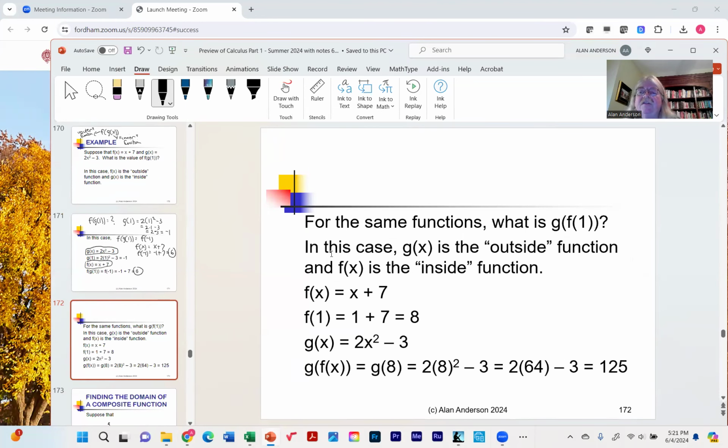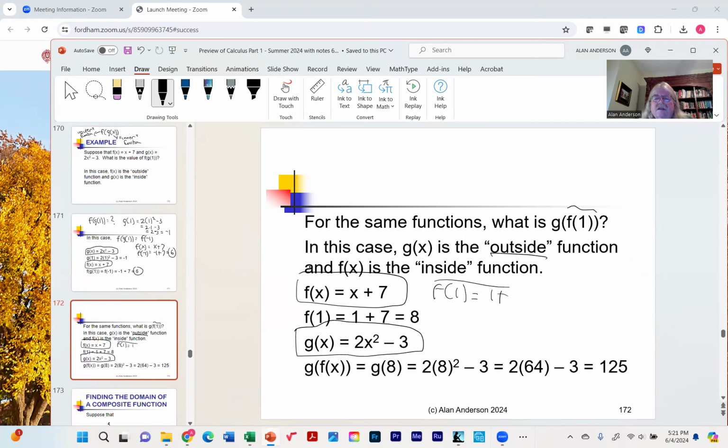Oh, but then what about g of f of 1? Okay, let's try that one. So all of a sudden, g is the outside function, f is the inside function. So here's our same two functions. So what we need to do then is solve for this f of 1.